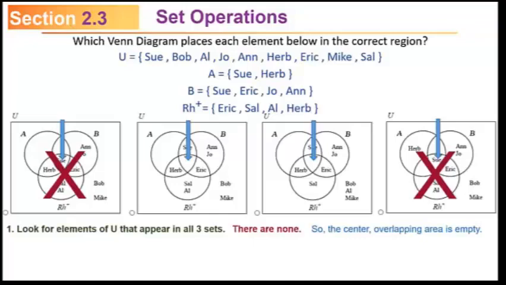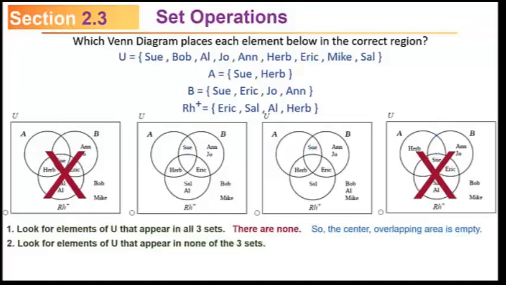Now the other extreme would be to look for the elements that appear in none of the 3 sets. In other words, is there someone or more than one person whose name doesn't appear in A, B, or Rh plus? If you go through and look, Bob is not in there. And if you go one by one, near the end you find another, and that's Mike. Mike is also not in any of those sets.